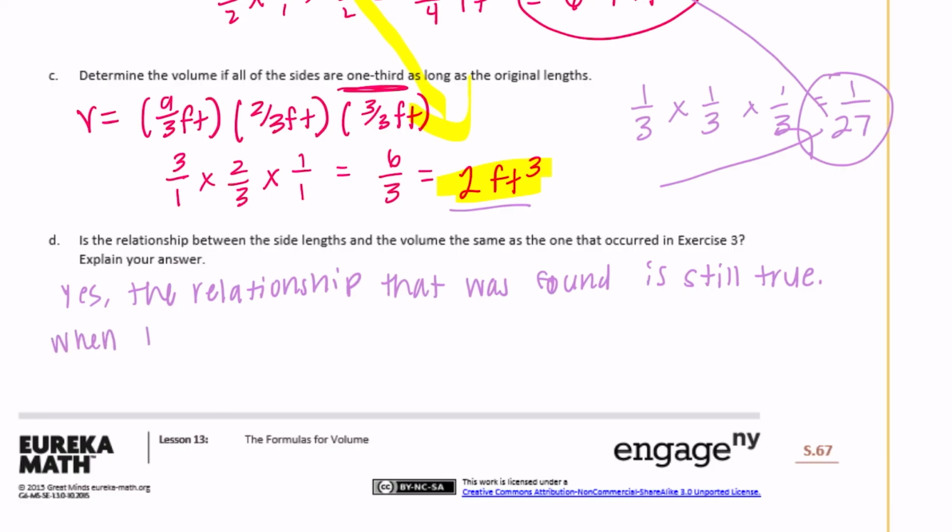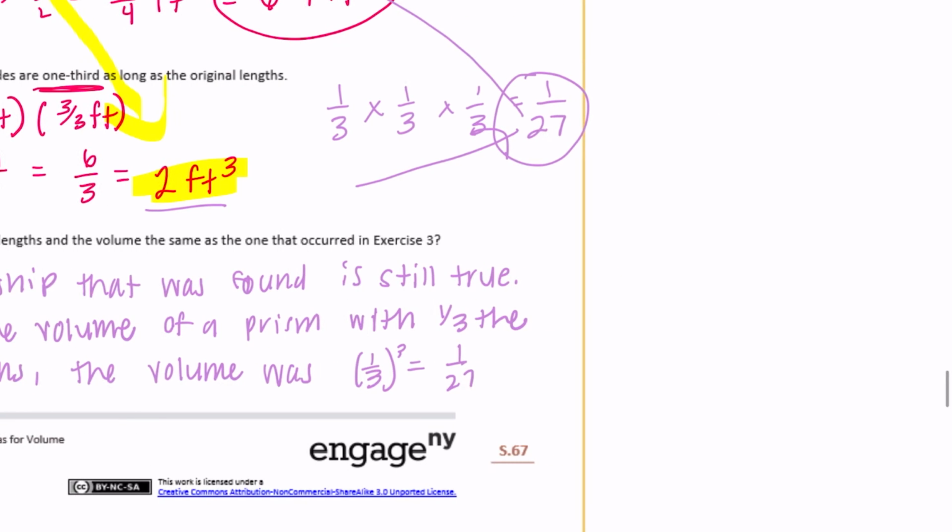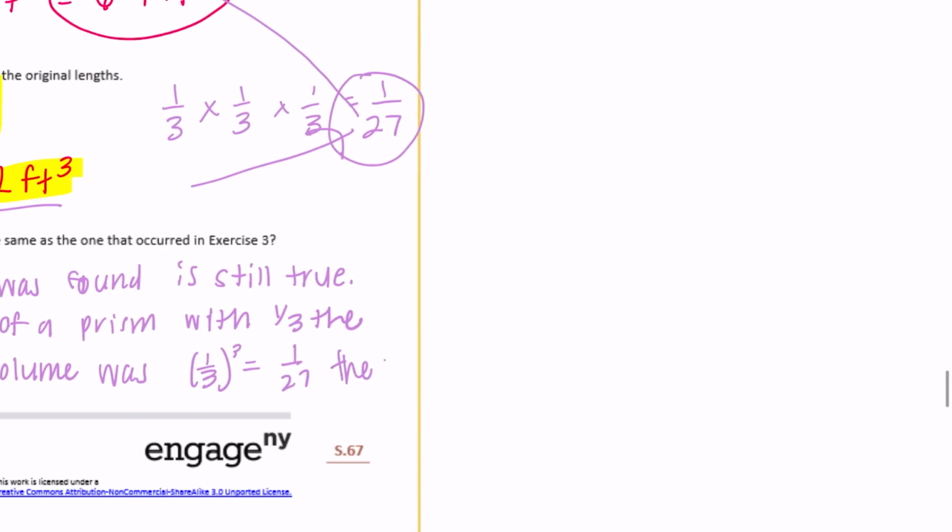When I found the volume of a prism with 1/3 the original side lengths, the volume was 1/3 times 1/3 times 1/3, or 1/3 to the third power, which is equal to 1/27th the original. Like we talked about right there.